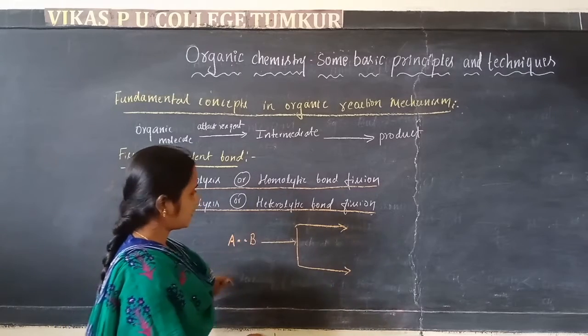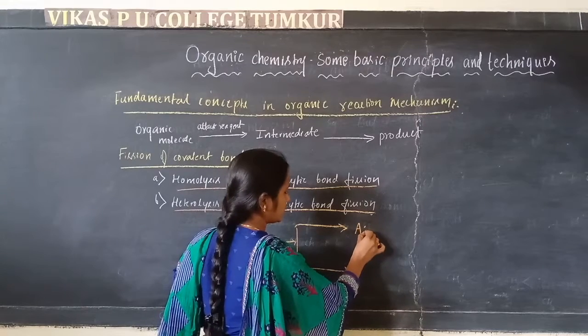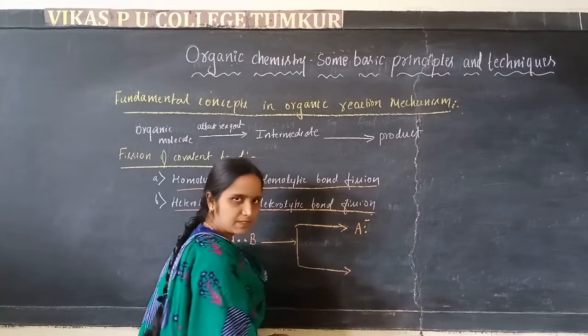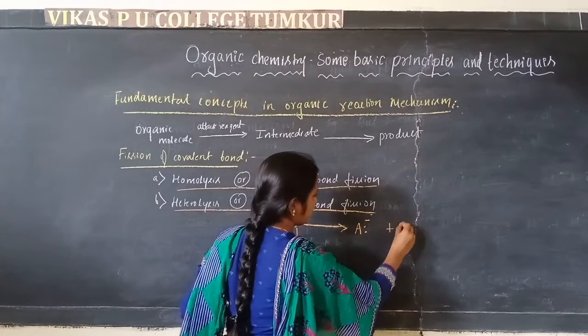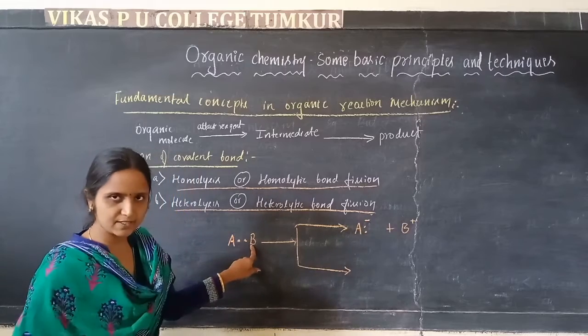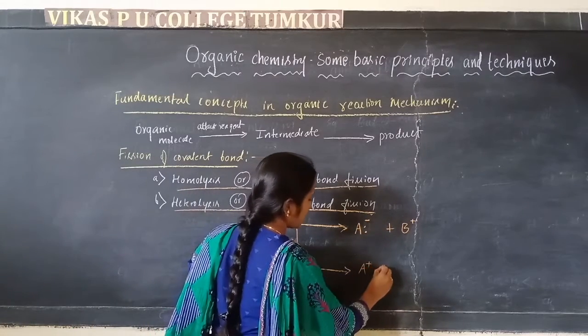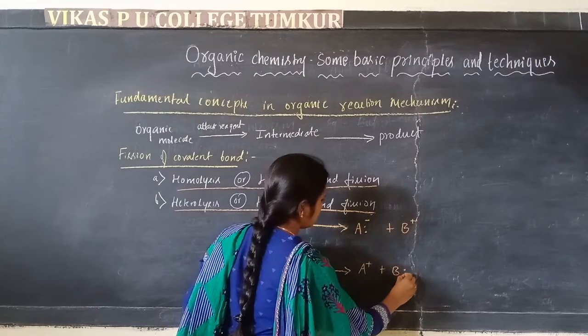If A acquires both the electrons, that is a negative species, and B gets the positive charge. Suppose B acquires all the electrons, at that time A gets the positive charge and B gets the negative charge.